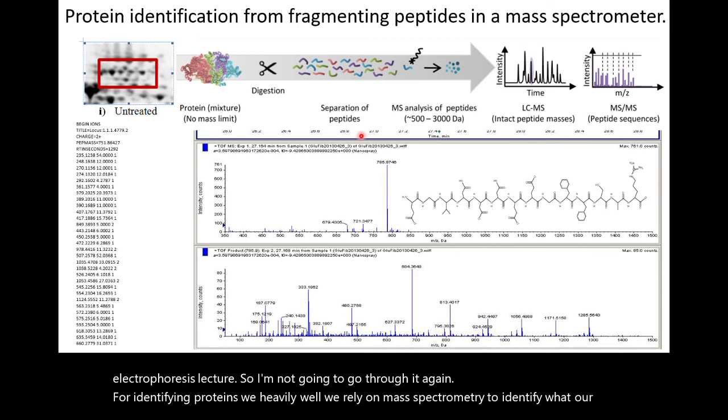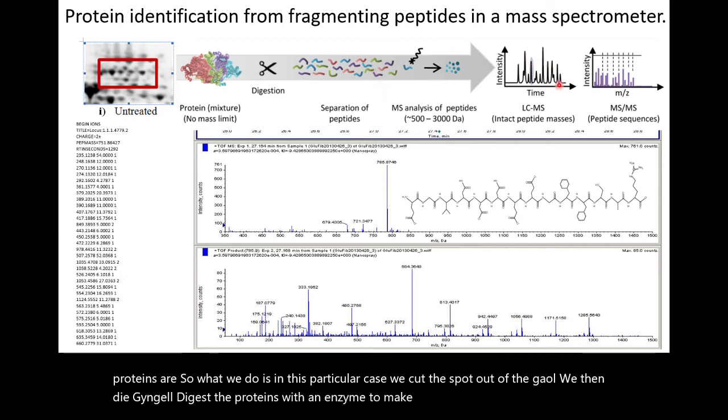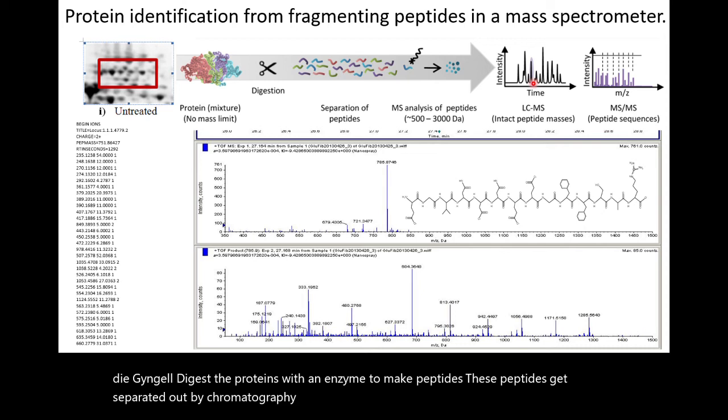So what we do, in this particular case, is cut the spot out of the gel. We then in-gel digest the proteins with an enzyme to make peptides. These peptides get separated out by chromatography. A particular peptide gets selected in the mass spectrometer and creates fragments.